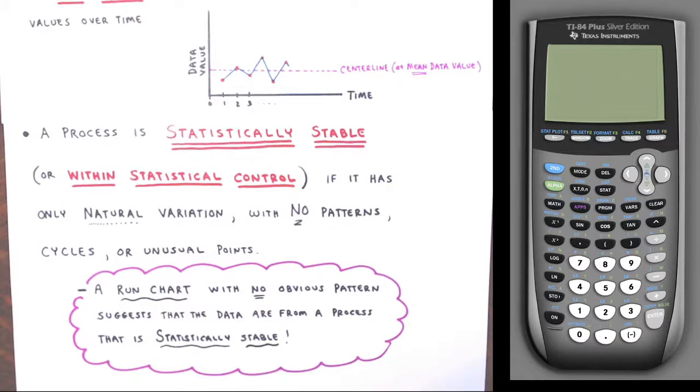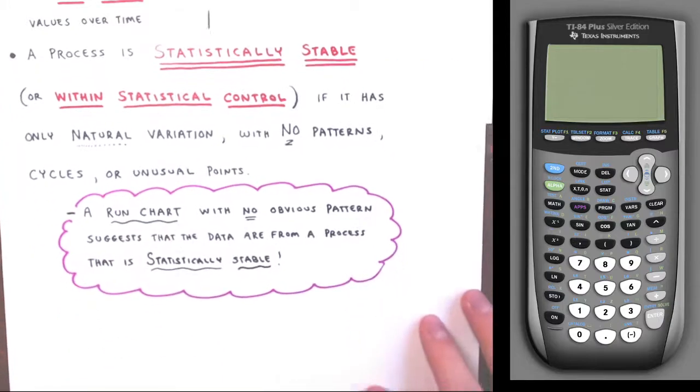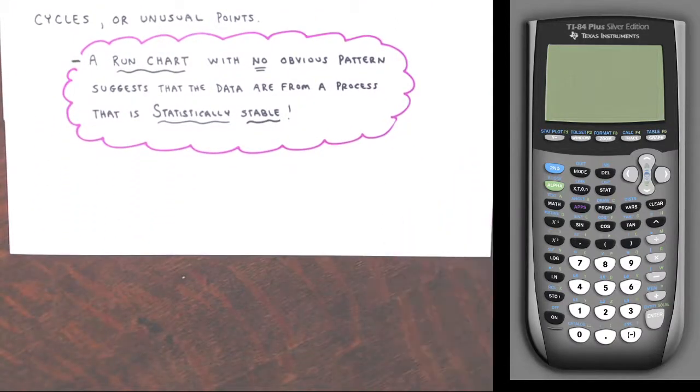All right, so now some examples, some pictures here. What do I mean by no obvious pattern? When are we going to determine that a process is or is not statistically stable?